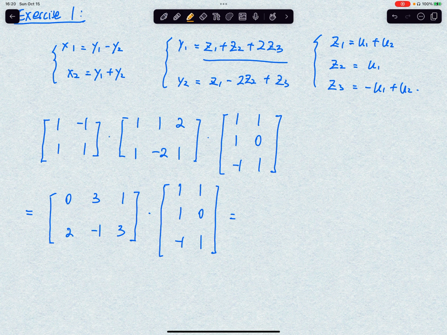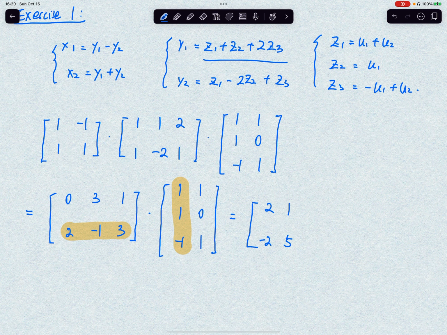And now the first entry comes from the first row times the first column. So that is 0 times 1 plus 3 times minus 1. So that is minus 3... and we move to the second column, and this is a 1. The same thing happens for the second row and the first column, and that gives us a minus 2.